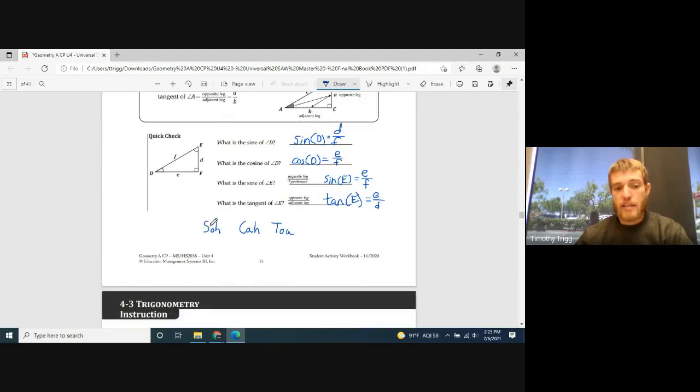Because sine is opposite over hypotenuse, cosine is adjacent over hypotenuse, and tangent is opposite over adjacent. So this is just like a memorization trick. If you just memorize this, this tells you what all three of the trig ratios are. So SOHCAHTOA. All right, maybe that'll help some of you, I'm sure.